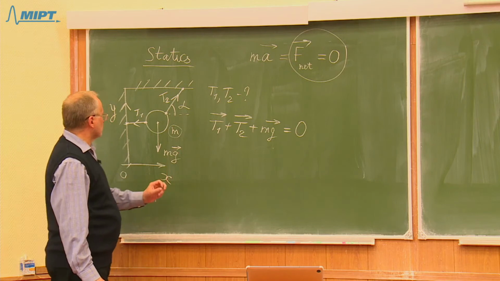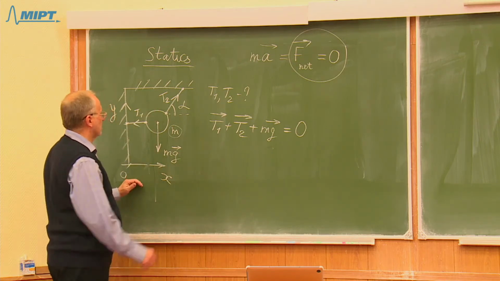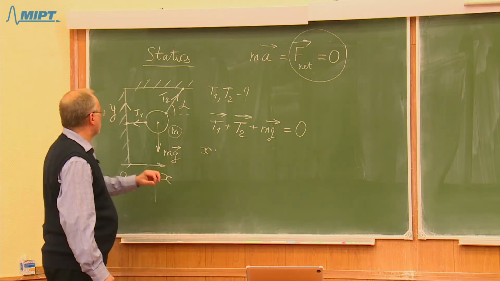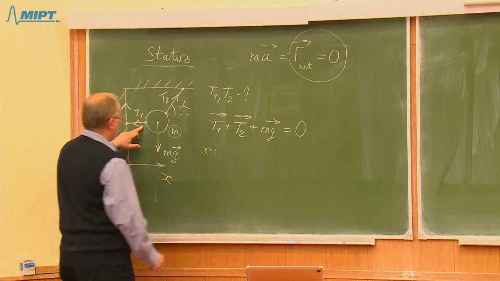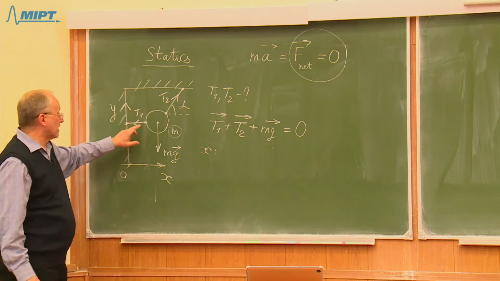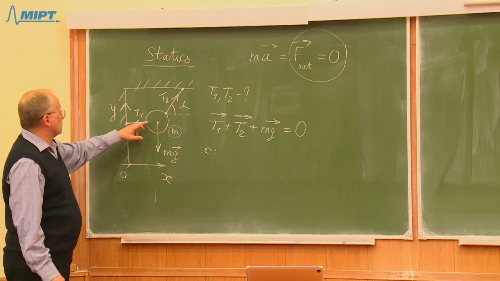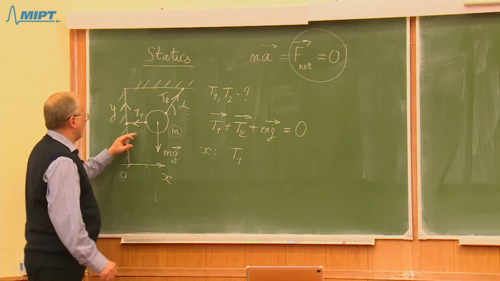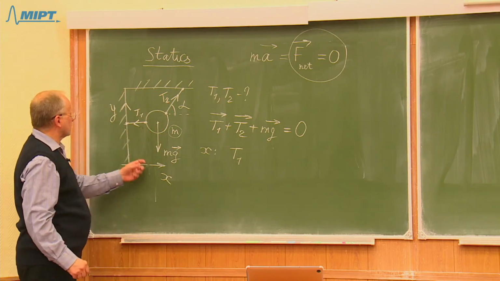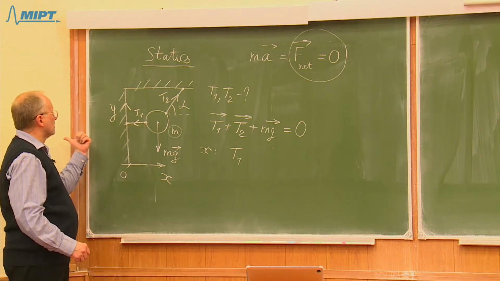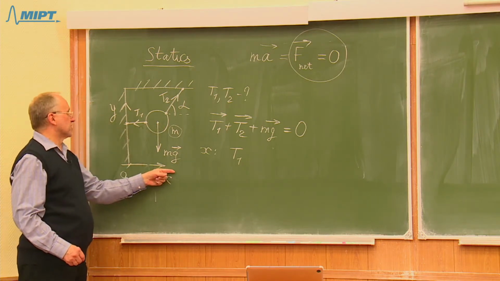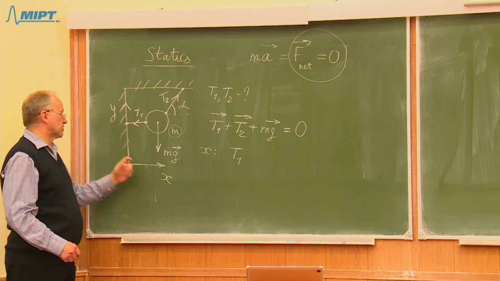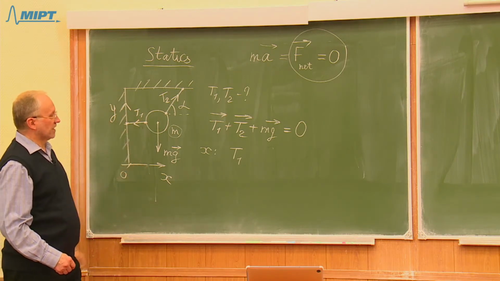And so this vector equation projected on axis x, what will it give you? The force T1, now not a vector, but magnitude. Magnitude of this force is just T1, and its projection on x-axis will be negative because it looks in the direction opposite to positive directions. Positive directions are to the right, and all the vectors looking in opposite direction will have negative magnitude.